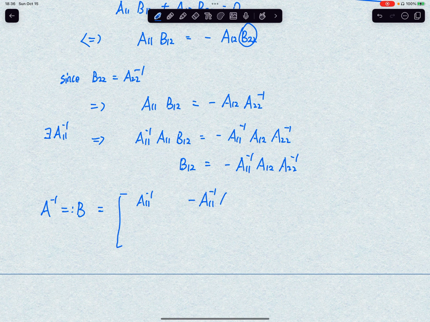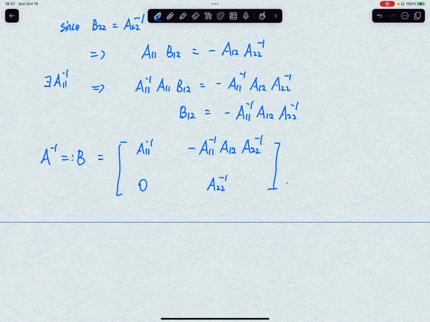We also showed that B21 is 0 and B22 equals A22 inverse. So we have found the inverse of the partitioned matrix. Note that a block diagonal matrix is a partitioned matrix with 0 blocks off the main diagonal, and such a matrix is invertible if and only if each block on the diagonal is invertible.